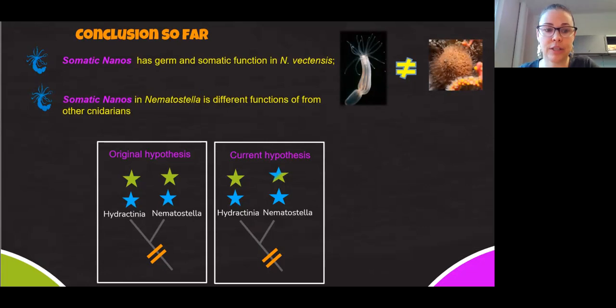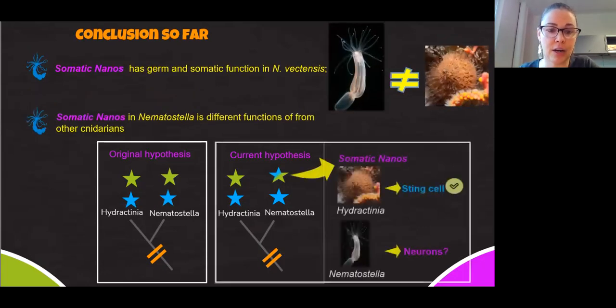And compared with other cnidarians, somatic nanos has a different function. In Hydractinia, somatic nanos seems to be related to producing stem cells, and in Nematostella it could be related to neurons, but we already have evidence that it's not related to stem cells.